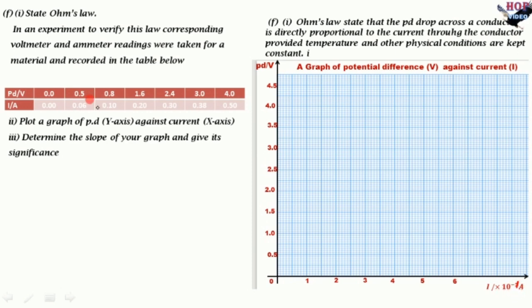This is because I don't want to plot 0.00, 0.1. What I did is I converted this to 1 decimal place so that I will now have 0.0, 0.6, 1, 2, 3, 3.8, and 5.0.